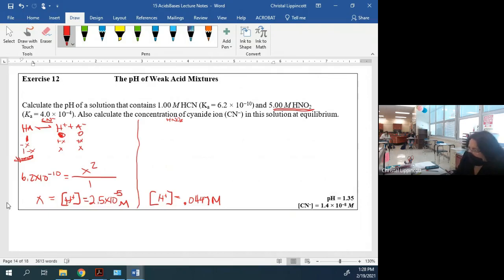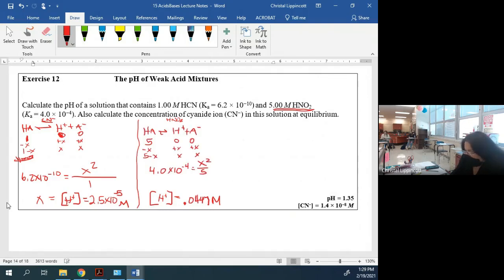Okay, so if we had our HA here, our H plus and A minus, we had 5 here, 0, 0, minus X, plus X, plus X. So 5 minus X, and X and X. When I solve for this, I'm going to end up with 4.0 times 10 to the minus 4 equals X squared over 5. Did you get that?